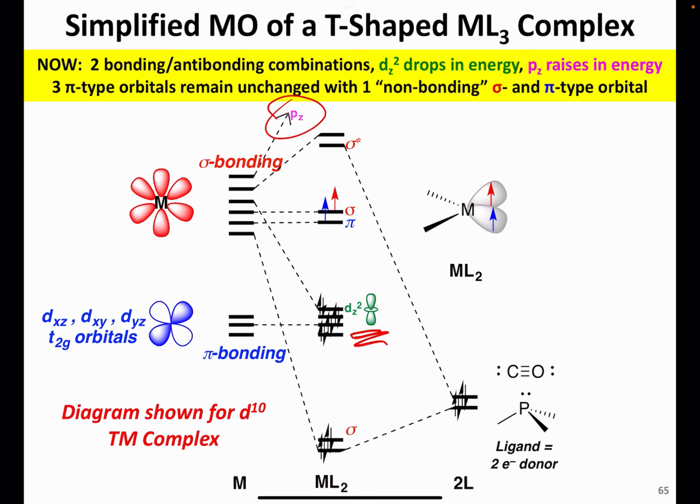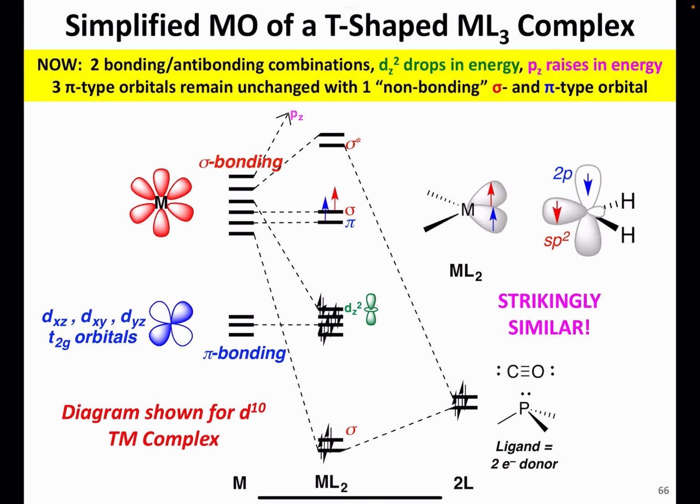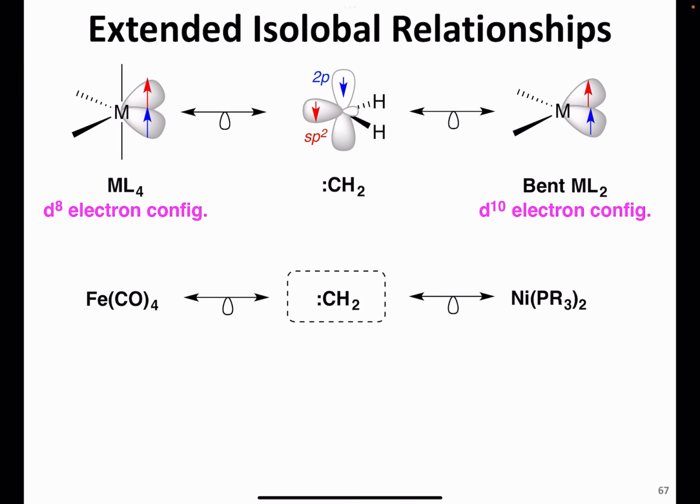Now notice if we populate this with 10 d electrons, the first 8 go into the pi bonding type orbitals and the dz squared, giving us a frontier orbital environment with a single pi orbital and a single sigma orbital that are both singly occupied. This really looks like a carbene, like the CH2 fragment, and in fact they are isolobal with one another.